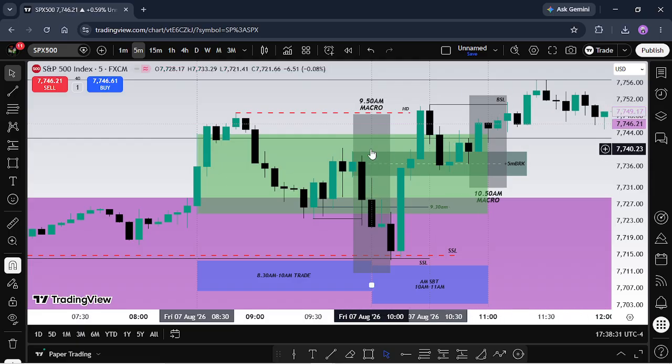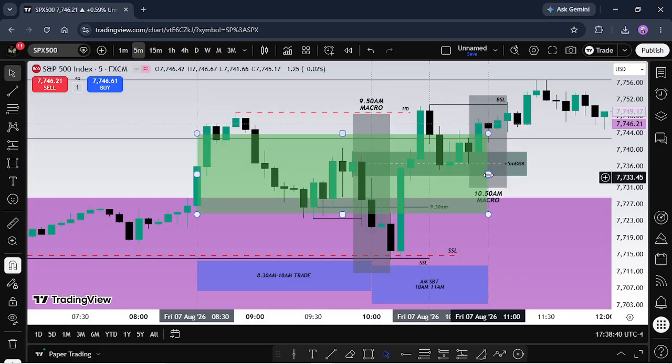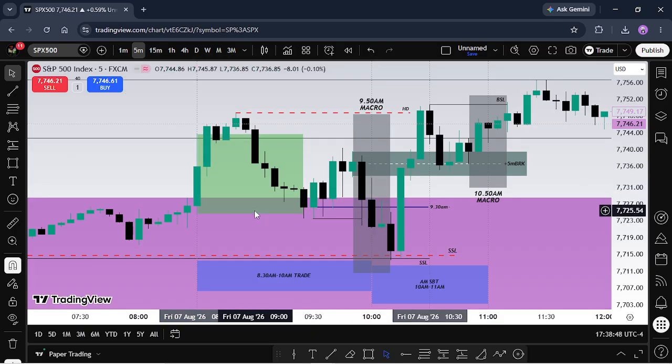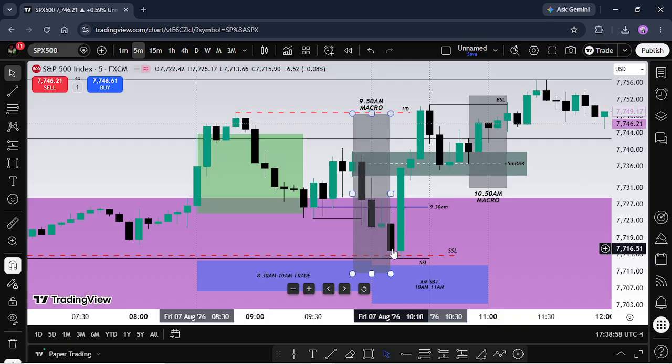Here, 950 to 1010 macro. 830 are taking this liquidity. Let me remove this. Wait. We'll put it here. 830, 930 are taking this liquidity. The 950 to 1010 macro takes this 930 low and sell side.